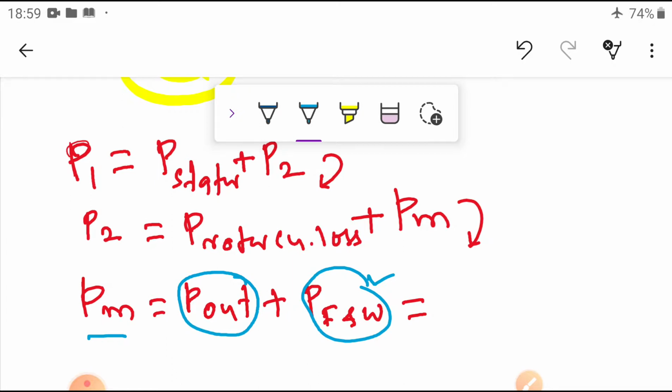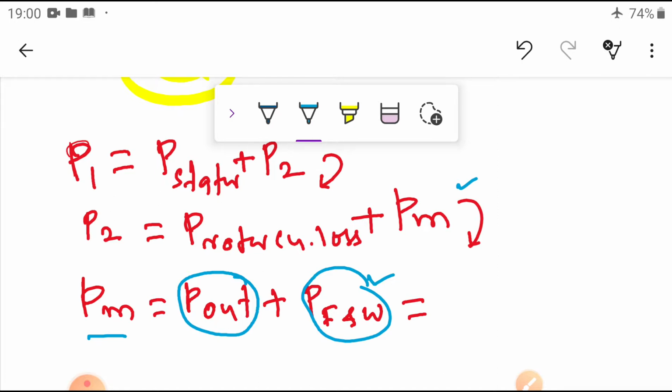After getting the PM, now I want to know the rotor copper losses. Has the rotor copper losses been given? No, I think it is not given. If you know the PM, we know some relation.